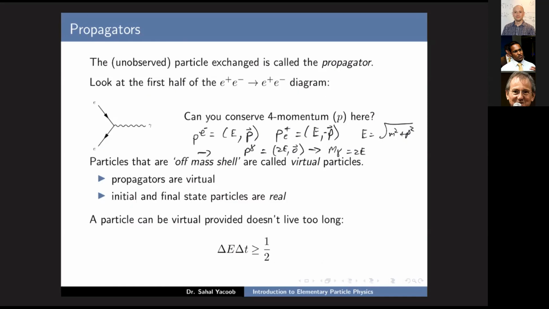It's internal to the Feynman diagram. Particles like that are called off-mass shell or virtual particles. All propagators are virtual. All initial and final state particles are real. And even though this can violate energy conservation, that's okay as long as we only violate energy conservation for a short amount of time.